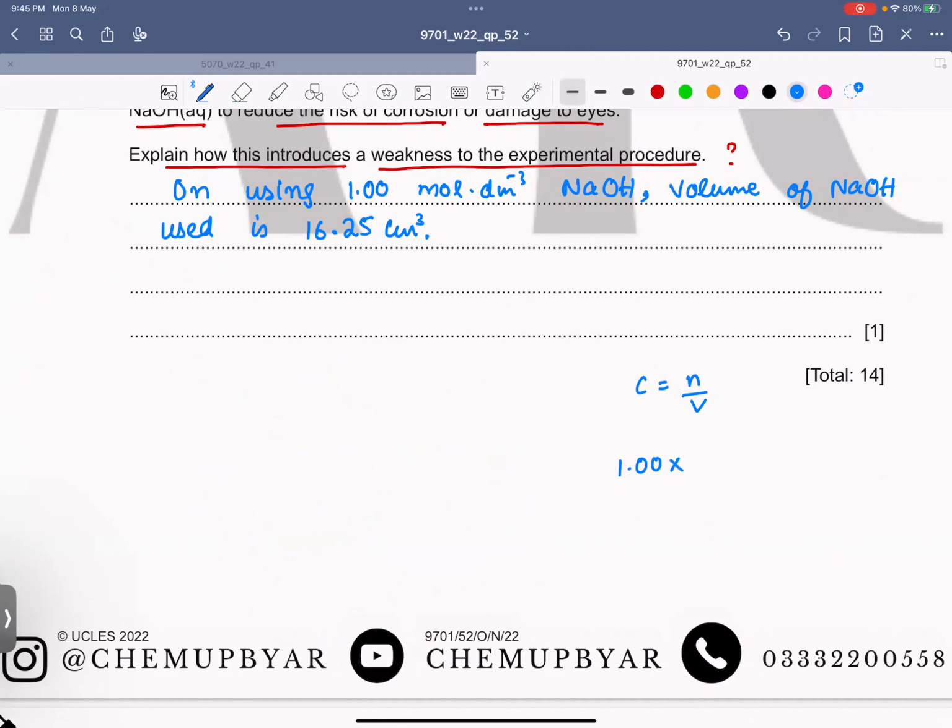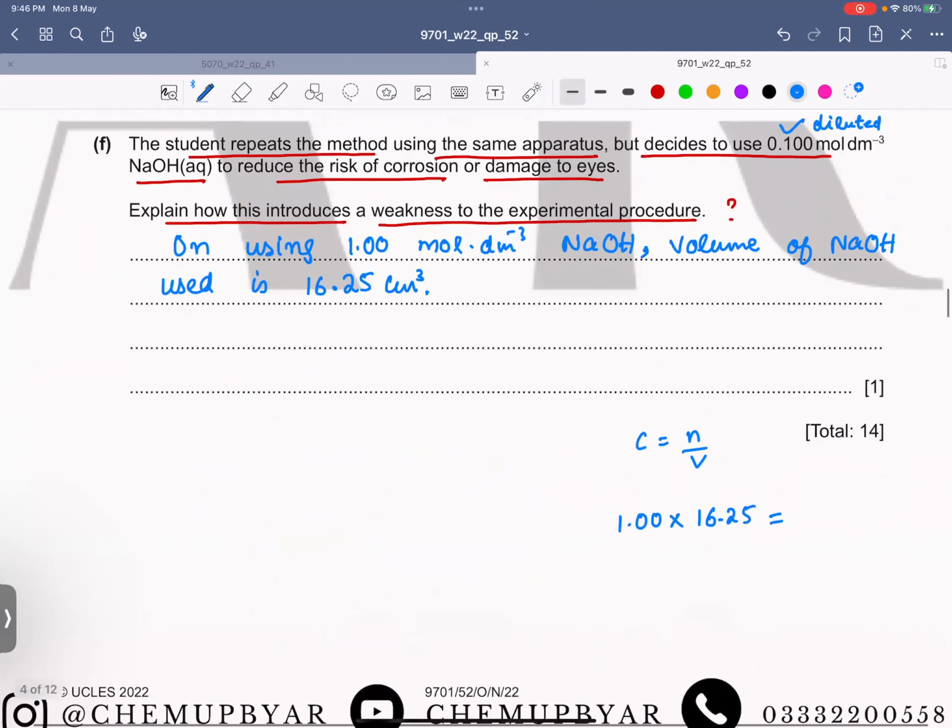And the volume that is used is 16.25 centimeter cube. When we use the concentration 0.100 mole per dm cube instead of 1, then the volume used in the titration would be V, for example.